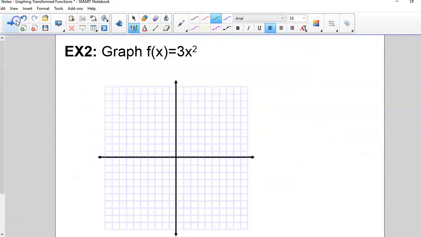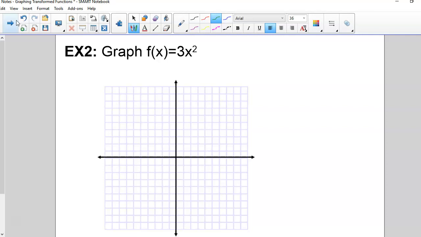All right. Let's do example 2. Okay, we're still dealing with the same parent function. We've got x squared as our parent function. And so we've only got one transformation here. And let's see. Is it Aubrey or Audrey? Audrey. Okay, Audrey.